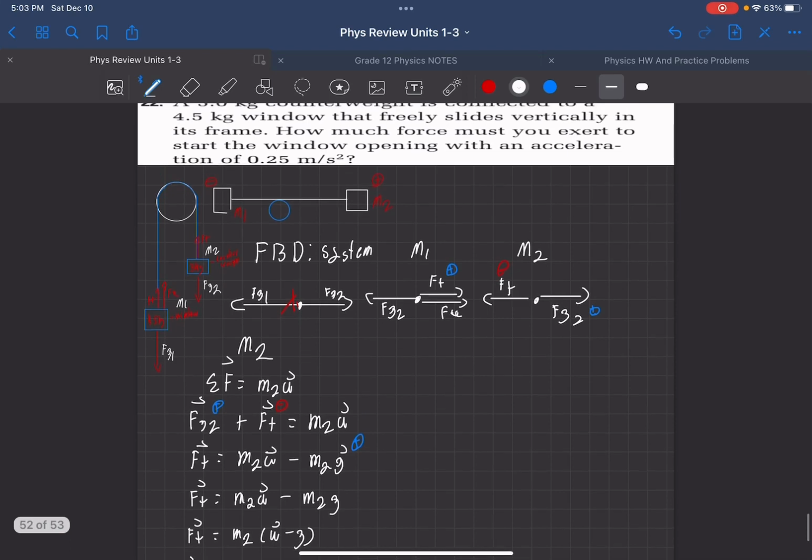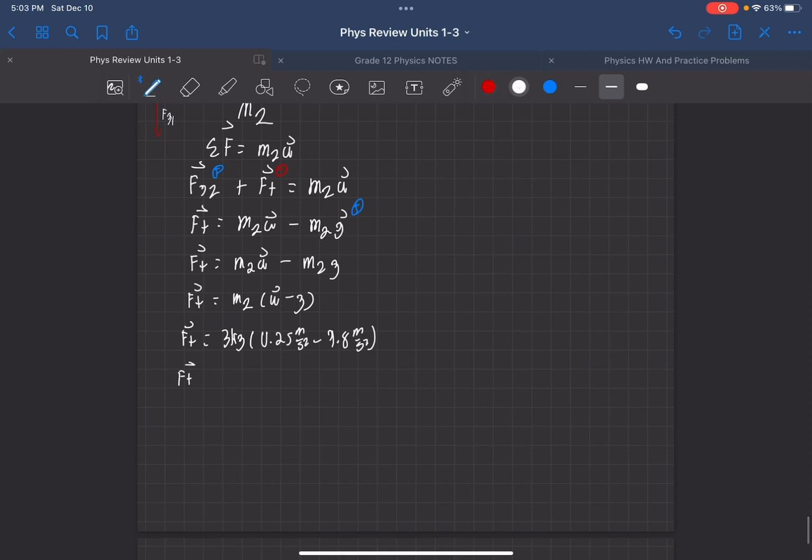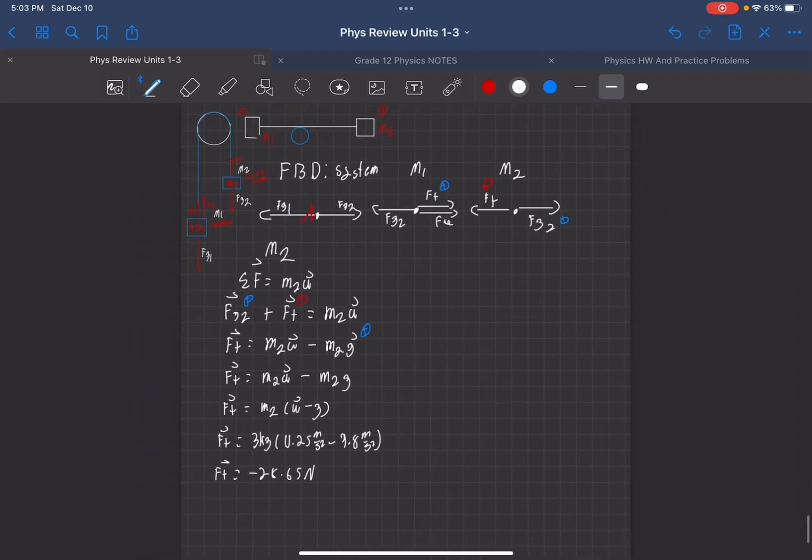So the acceleration required to open the window, 0.25 meters per second squared, minus g. Plug that into your calculators, and you should get a tension force of negative 28.65 newtons. And right, this adds up. It's a negative value. If it was a positive value, we must have done something wrong, right? Because we're looking at M2.